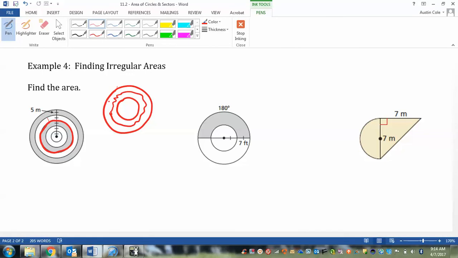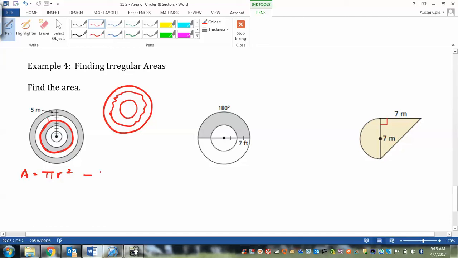All right? Here's how I want you to think about it. I want you to think about finding the area of the big circle, the area of all of this, which is pi r squared, right? So I'm going to say area equals pi times r squared minus the area of the circle that's not shaded, which is that circle.